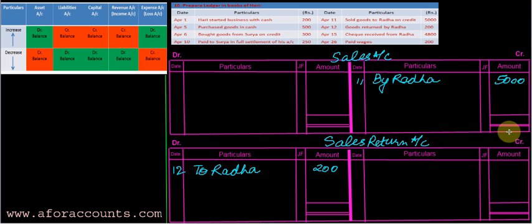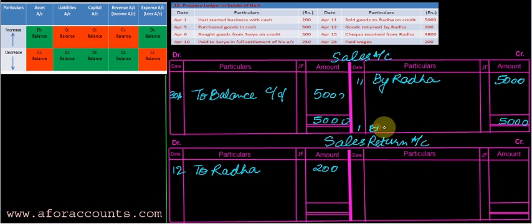No need to carry the balance. Sales account, 5000 here. I need the total 5000, so I write 5000 here. So I get 5000 as total, and on 30th April, it will be to balance carried down 5000, and on 1st May you will have it on the opposite side, by balance brought down 5000.